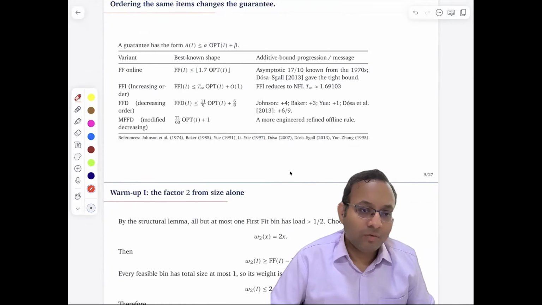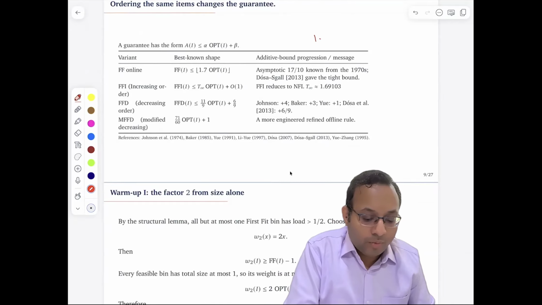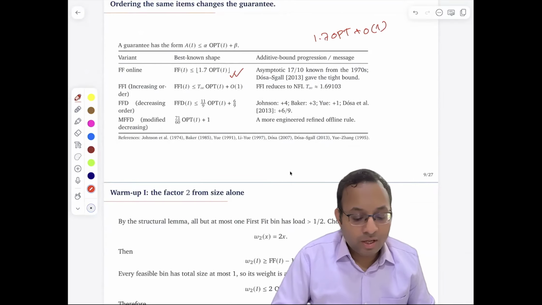But then there was a sequence of work which finally led to the proper understanding that earlier the bounds were at 1.7 opt plus some constant, but then the tight guarantee was shown by Dosa and Sgall in 2013, where they showed it is actually 1.7 opt floor and this is tight.